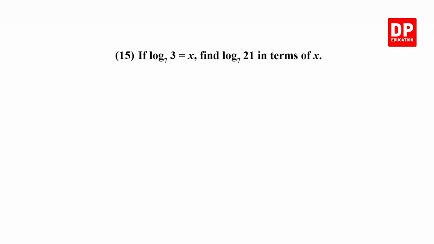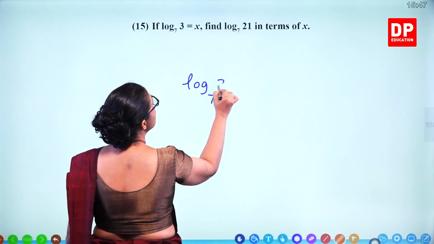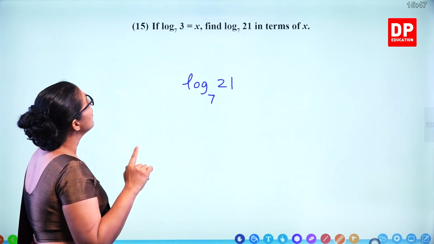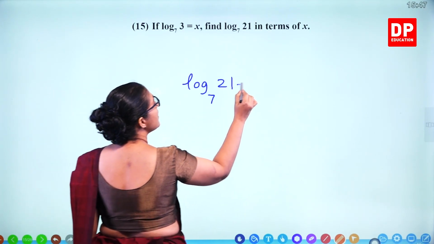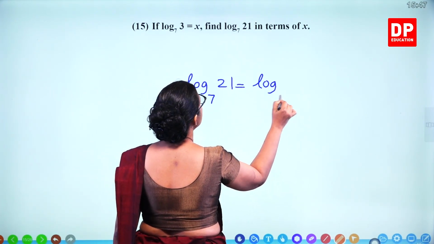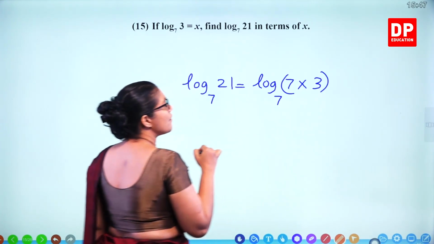Question number 15. If log 7 base 3 is x, find log 7 base 21 in terms of x. So you need log 7 base 21. 7 base 3 is given. So we can write this as log 7 base 7 times 3, which is 21.